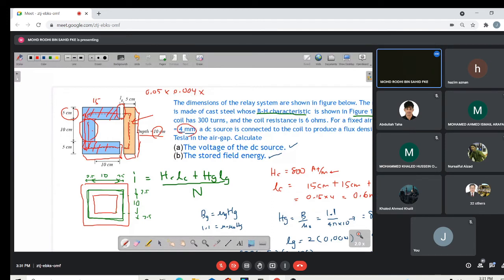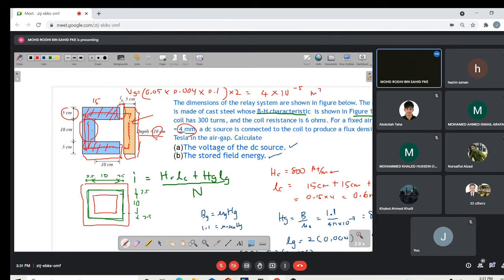And then the depth is 10, 0.1. And we have 2 air gaps. So this will be the volume of the air gap. So what is it? It is 4 multiply 10 to the power of -5. It is a volume, so meter cube.